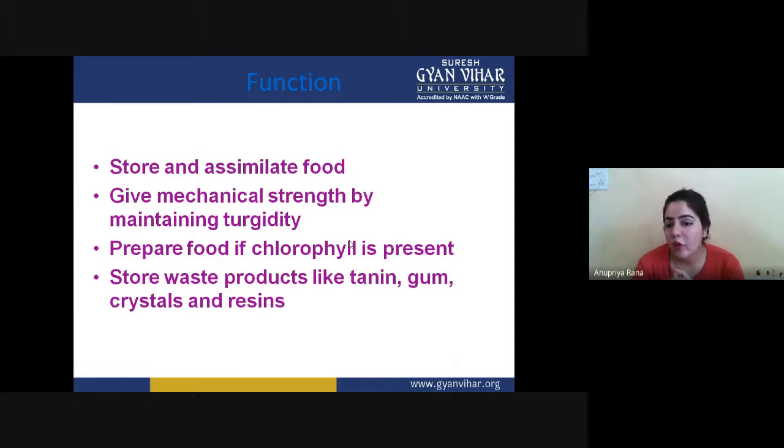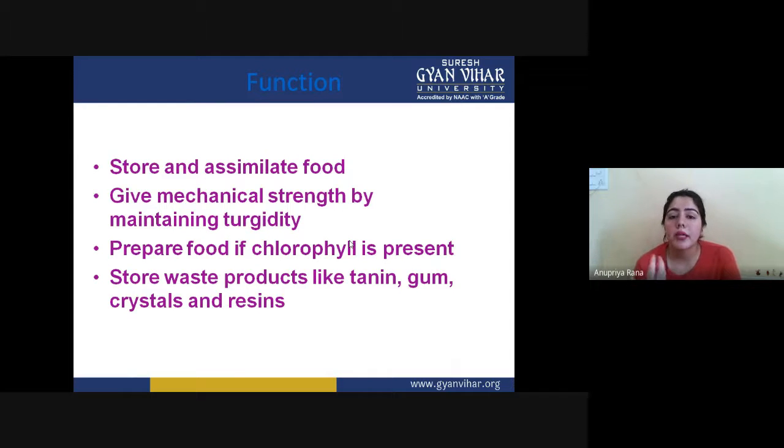Prepare food if chlorophyll is present. As we just saw, some parenchyma have chlorophyll inside them, and their major function is to perform photosynthesis. If they are doing photosynthesis, they can do the food preparation work for the plant. Store waste products like tannin, gum, crystal, resin.